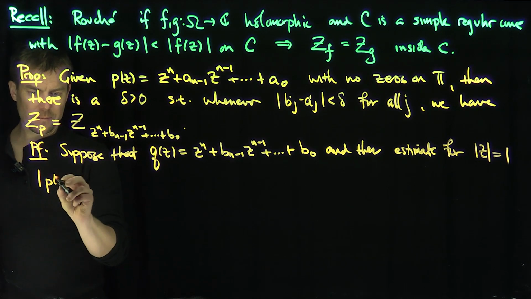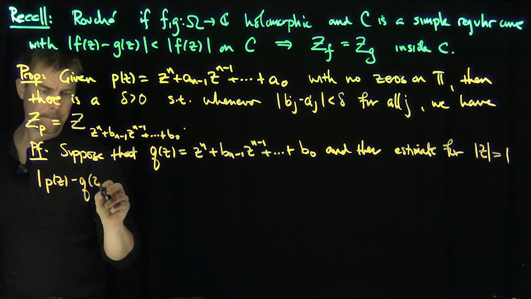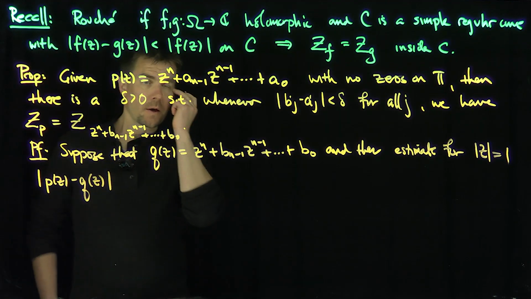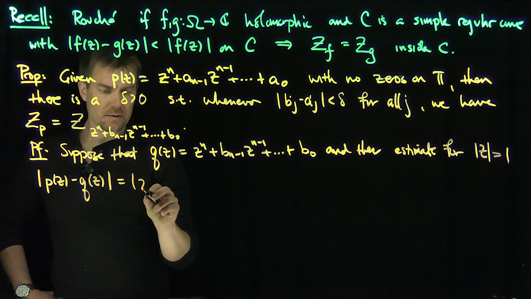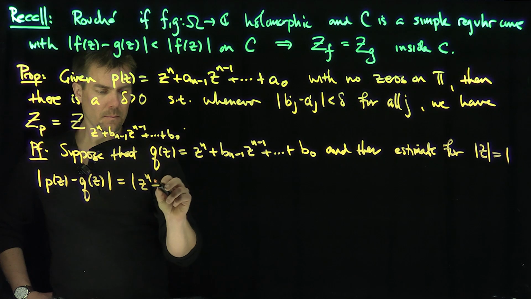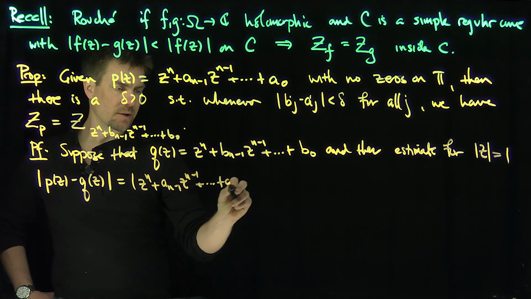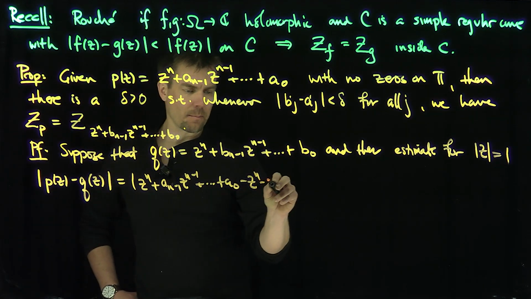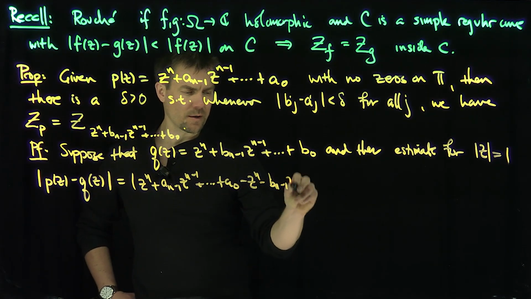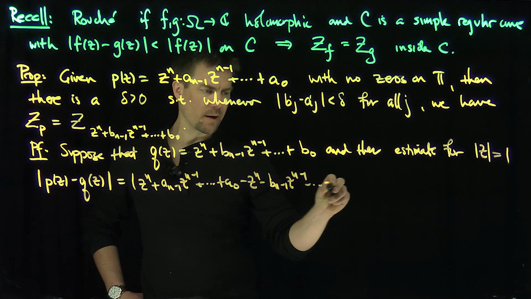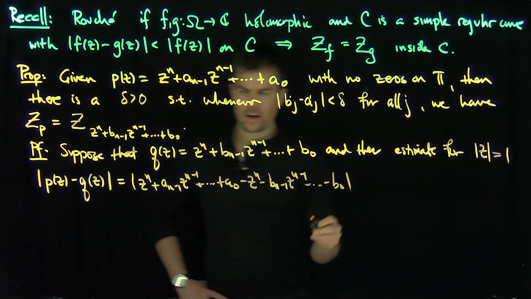Let's look at p(z) - q(z). Well, that's just z^n + a_{n-1} z^{n-1} all the way down to a_0, minus z^n minus b_{n-1} z^{n-1} all the way down to minus b_0.